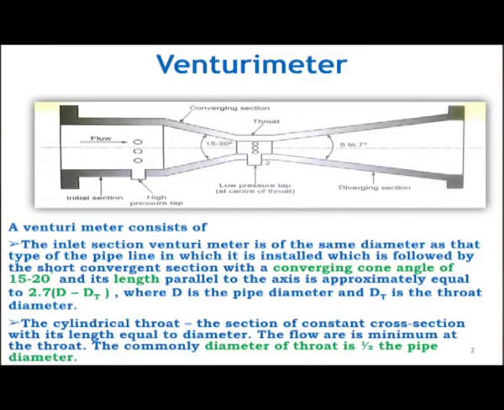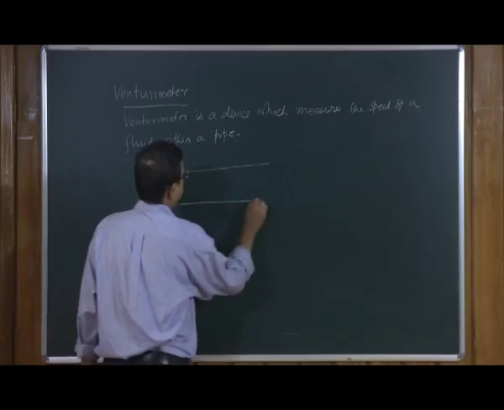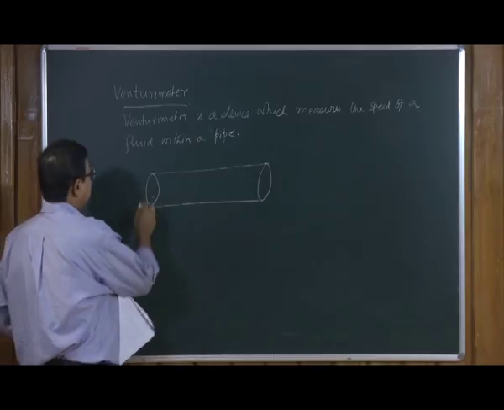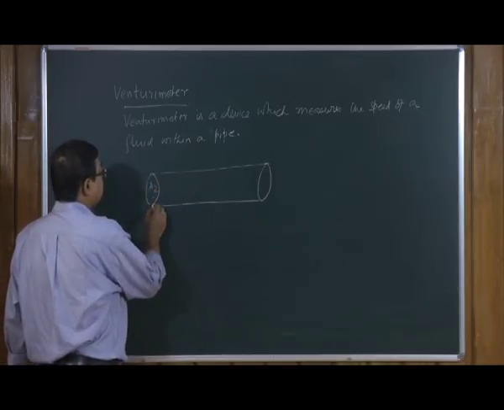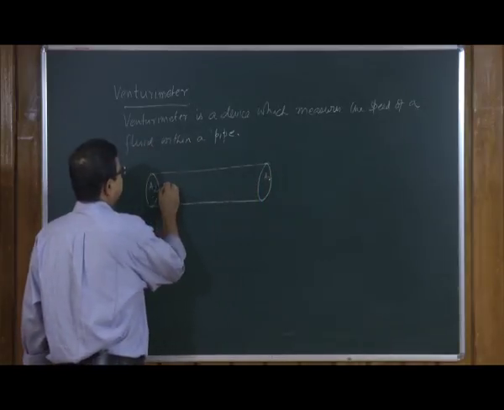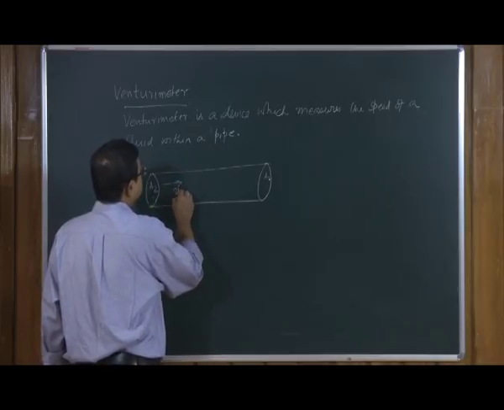Let us draw the pipe, and let us just say that this is a uniform pipe, the area of cross section of the pipe being A2, and the velocity of water through this is V2.